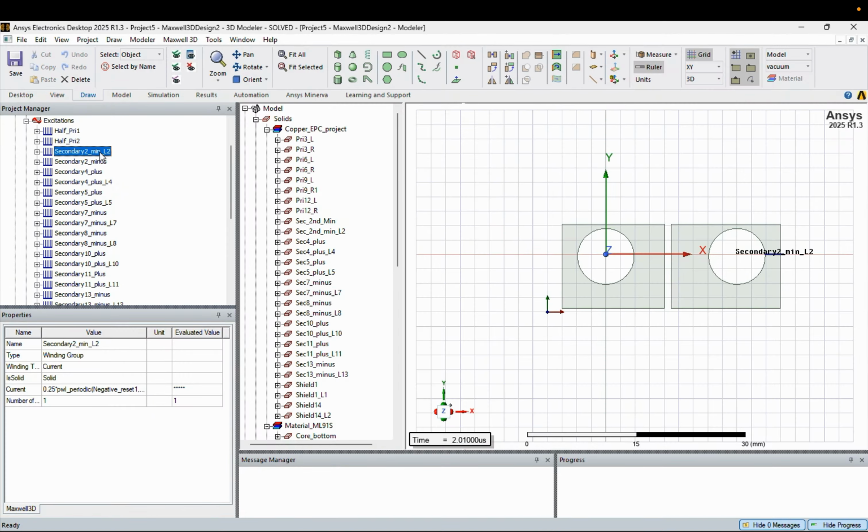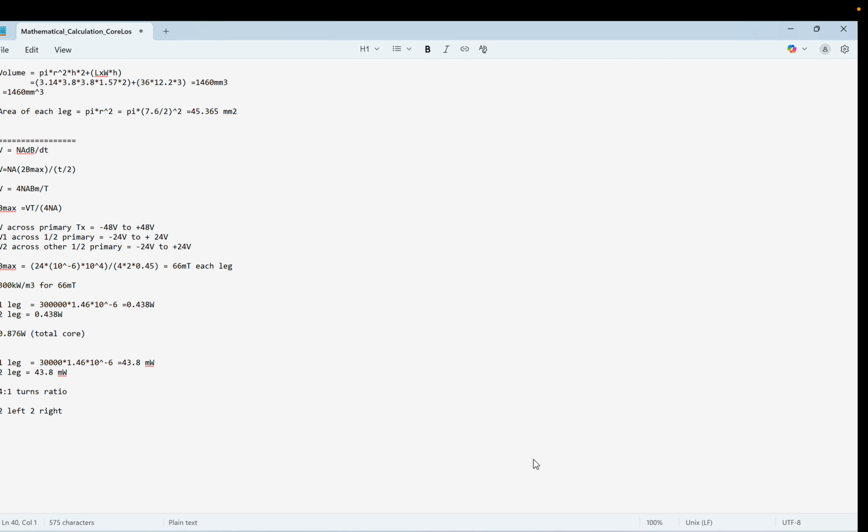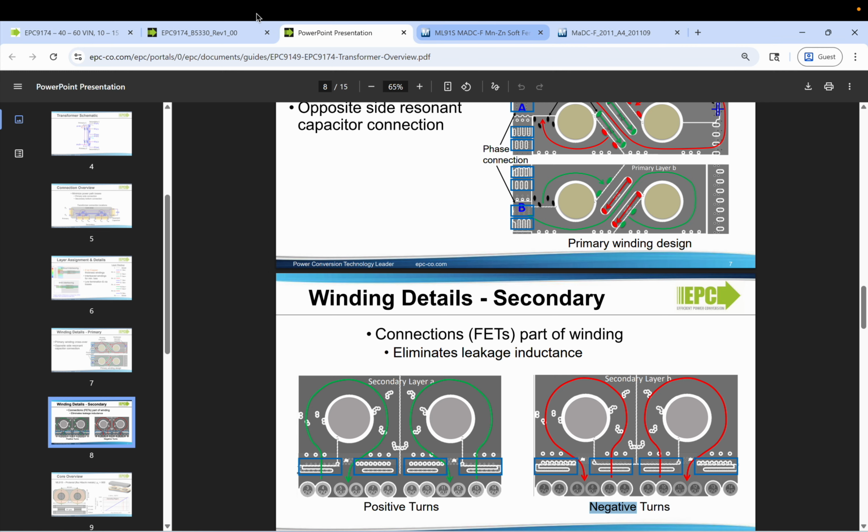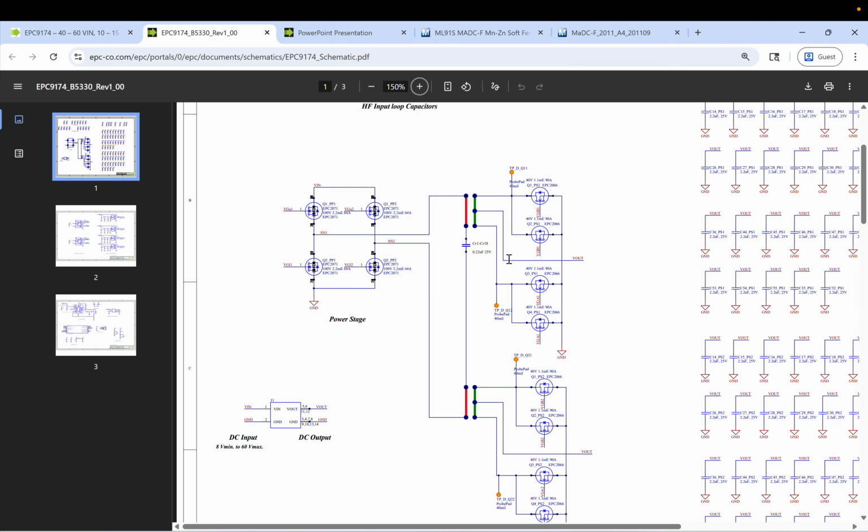Secondary, all are in parallel. It's like one turn here. This is 2 turn. This is 2 turn. So 4 turns on the primary. 1 turn here, 1 turn here, 1 turn here, 1 turn here.